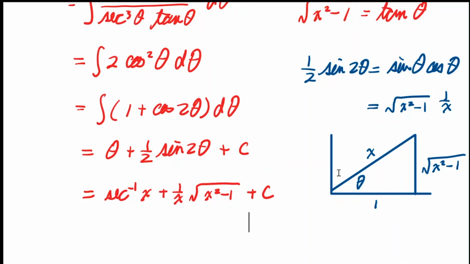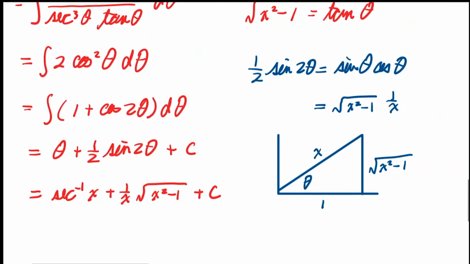Miss Kim. Uh-huh. Why is sine theta square root of x squared minus 1 only? Shouldn't that be... Oh my God, I missed it, right? Yeah. Very nice catch. It's over x. Hold on.